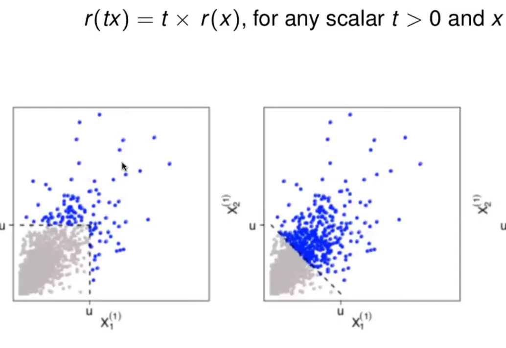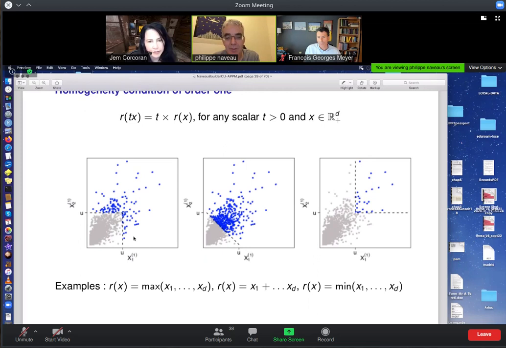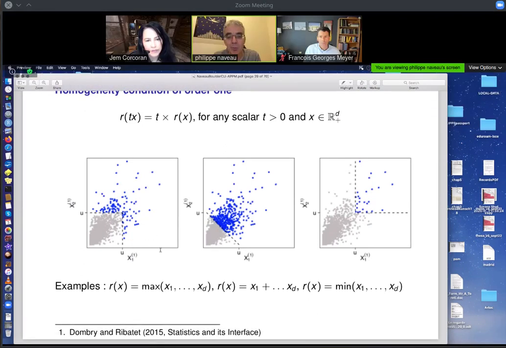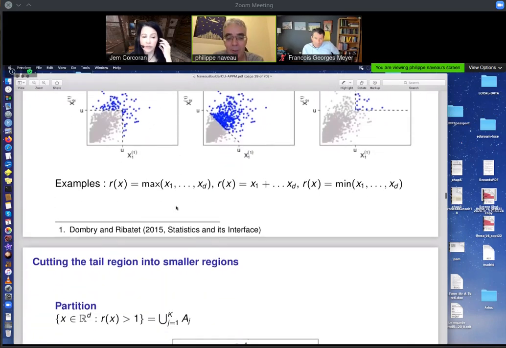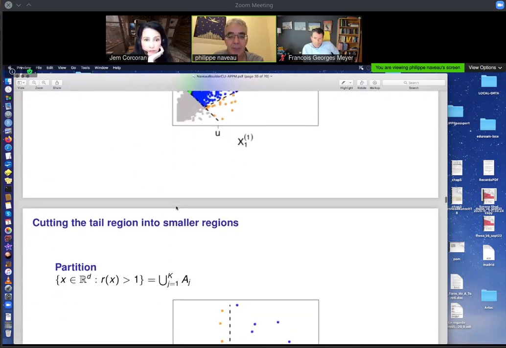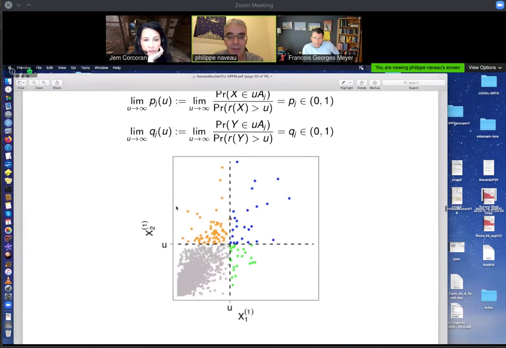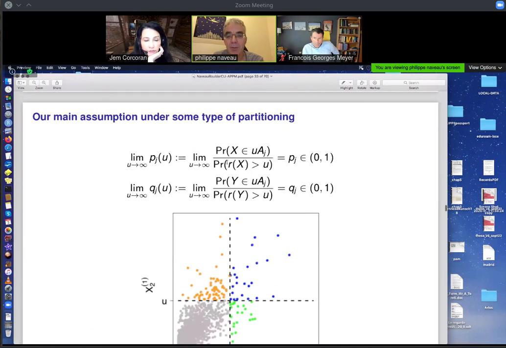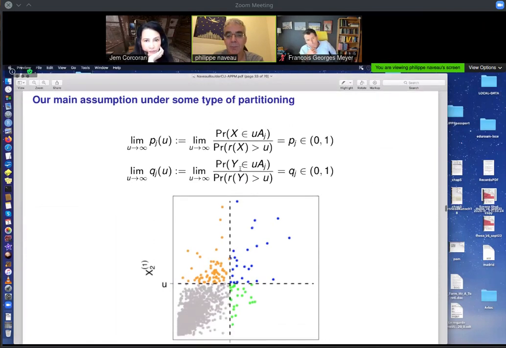So that's the only constraint; for the rest, you can take whatever you want, basically. Most people take the max, the sum, or the mean, but you could take even a weighted sum or weighted max. So the choice of R is fairly free. What is more difficult to get is that you still want to have points in each set.